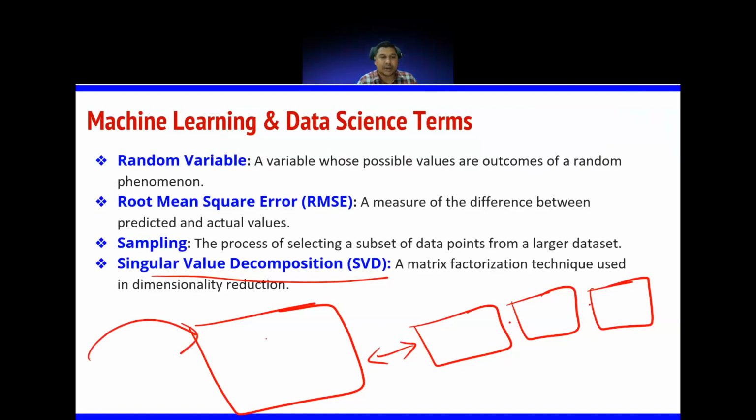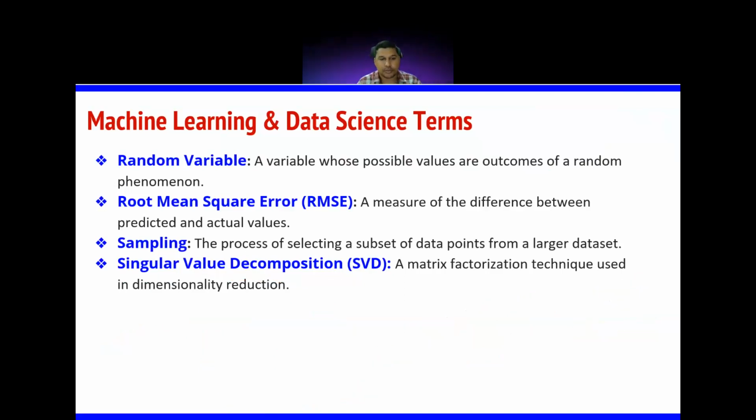Since we cannot deal with large matrices, we try to decompose that matrix in different ways. So given a matrix A, you try to decompose it into three different matrices, U, epsilon, and V transpose.